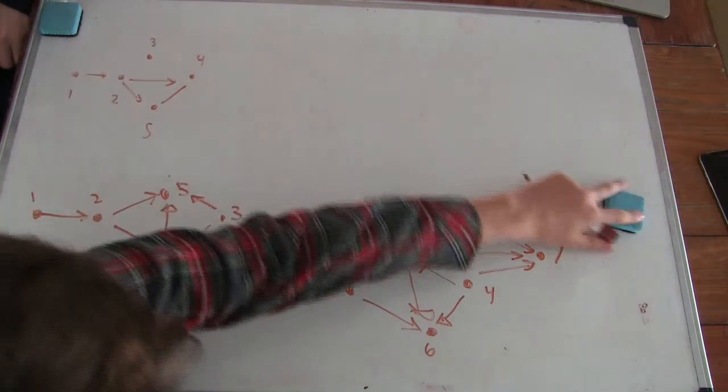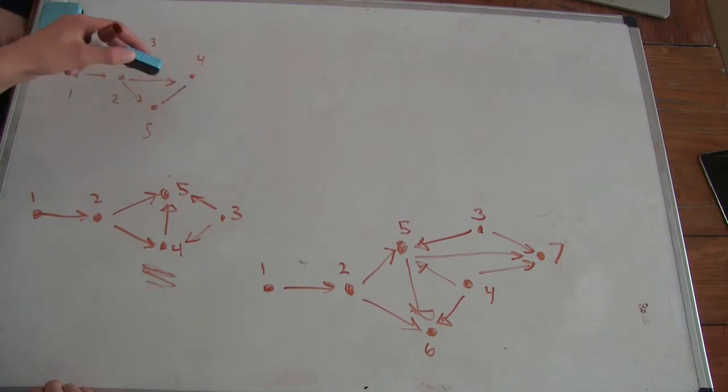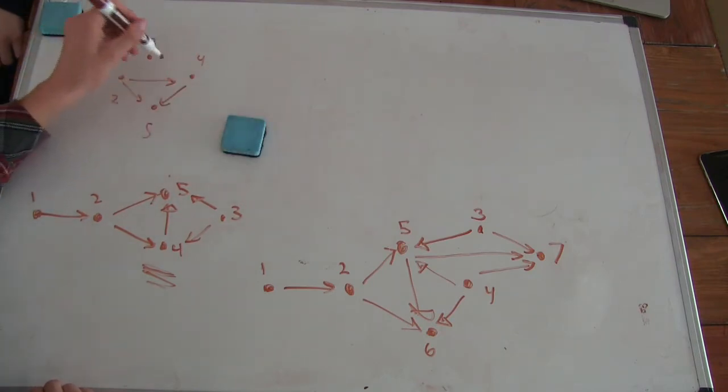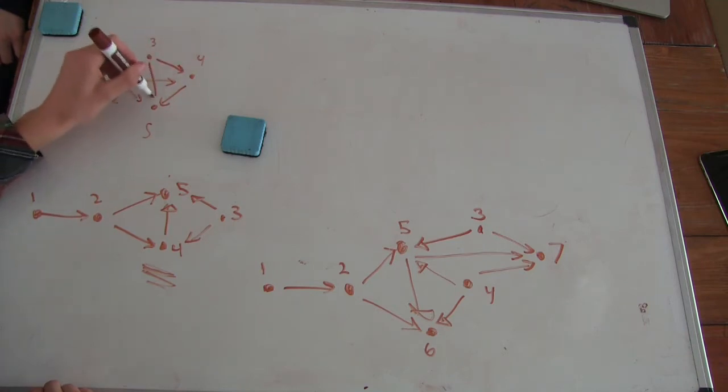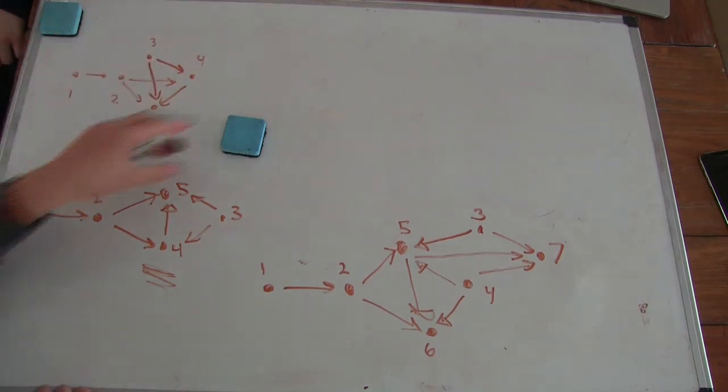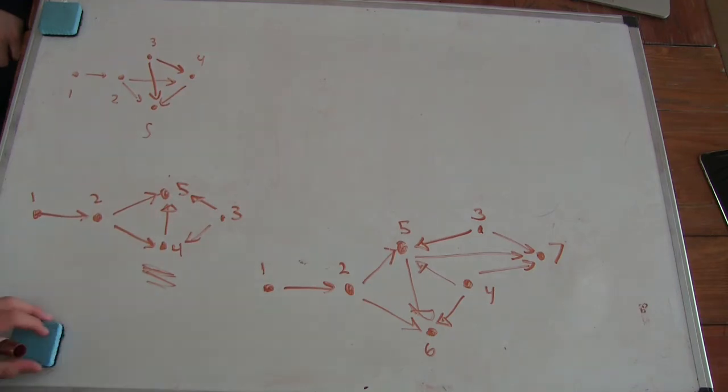Oop, that's not 3. But 4 does go to 5. 3 goes to 5. 3 goes to 4. Okay. So I think that's what we have. All right. So that's just a different representation of this, but that's fine.